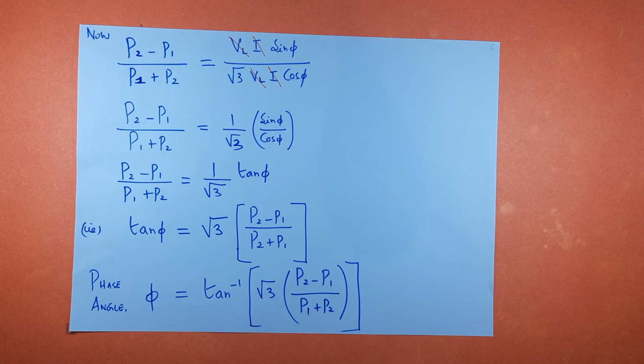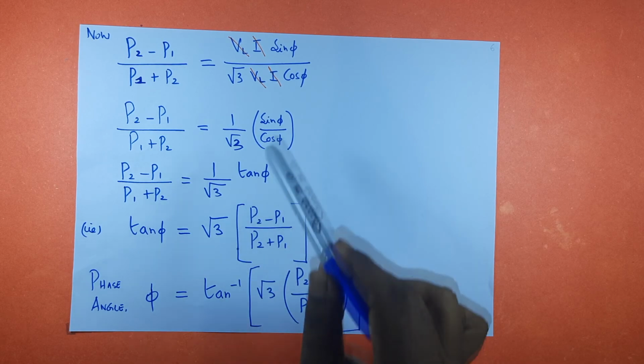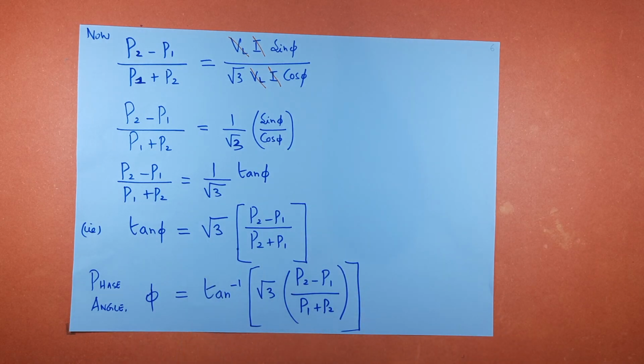P2 minus P1 divided by P1 plus P2 equal to, sin phi by cos phi is tan phi, 1 by root 3 tan phi. You take this to the other side, that is tan phi equal to root 3 into P2 minus P1 divided by P2 plus P1.